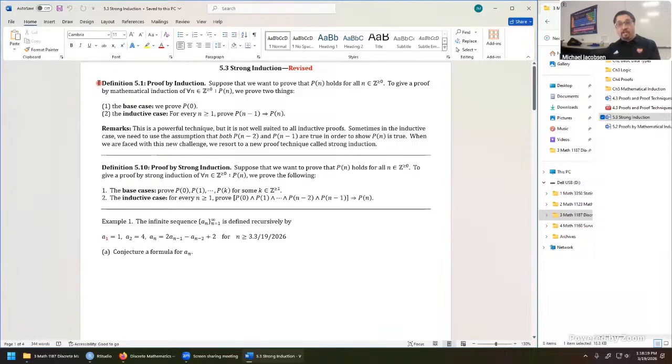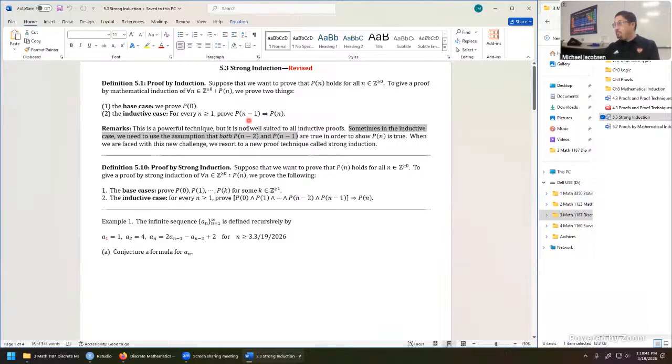Here, just for emphasis, I put in proof by induction because that's the technique that we're changing. I wrote it's a powerful technique, but it's not well suited to all inductive proofs. Sometimes in the inductive proofs we'll see in these notes, you have to make the assumptions that both P(n-2) and P(n-1) are true.